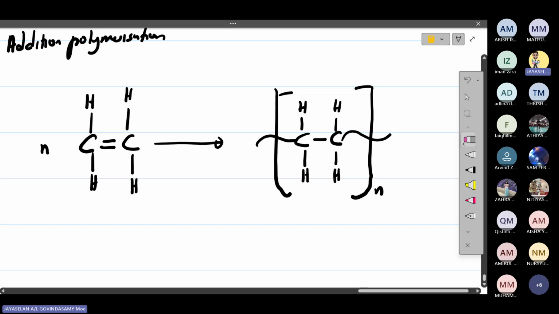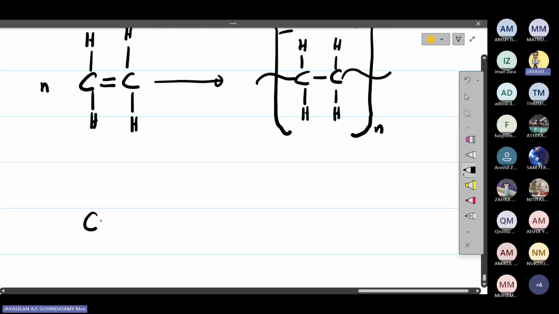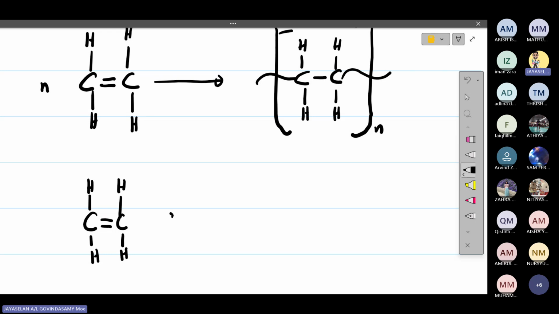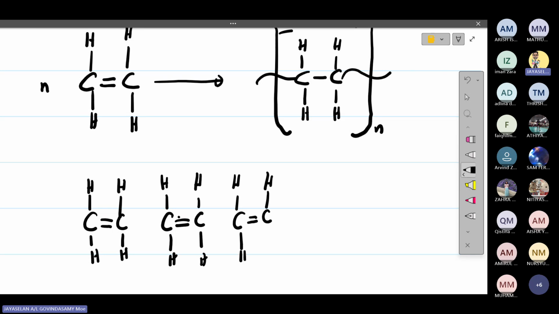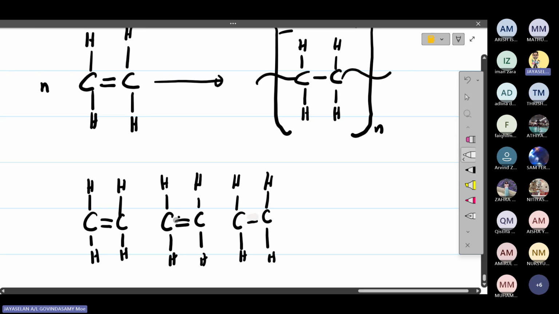So what is this? I take 3 monomers, one monomer, then another monomer. Monomer must have a double bond, must understand. So what will happen? This double bond here has 2 electrons, 1 electron, 1 electron.